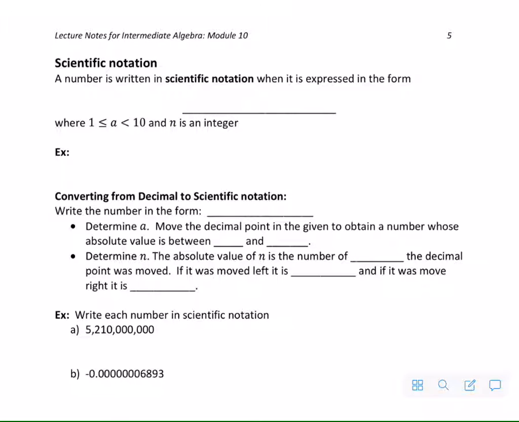Scientific notation is just a way of writing really big numbers or really small numbers in a form that looks like this. A times 10 to a power. So a couple of examples. If I wrote down 2.037 times 10 to the minus 6, or if I wrote down negative 1.291 times 10 to the positive 8.